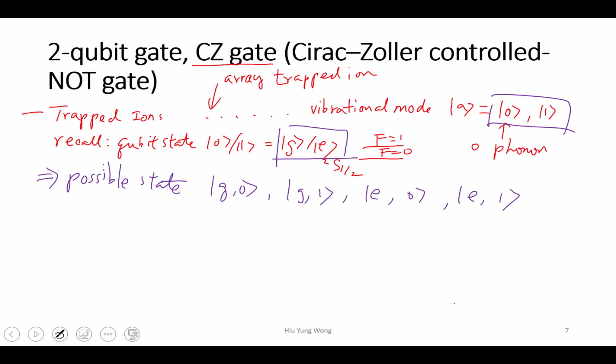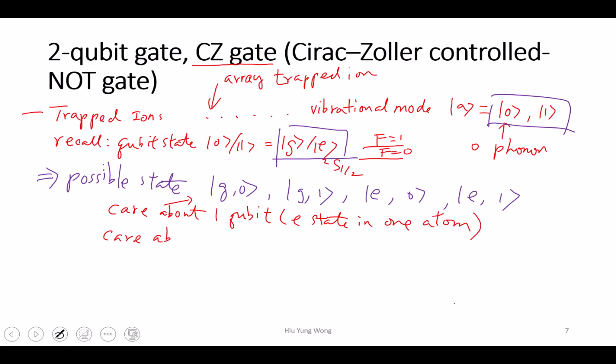So this is, let's say if we only care about one qubit, and 1 qubit is the electron state in one atom, right? Then you have this. But if I care about 2 qubits, then what will happen?